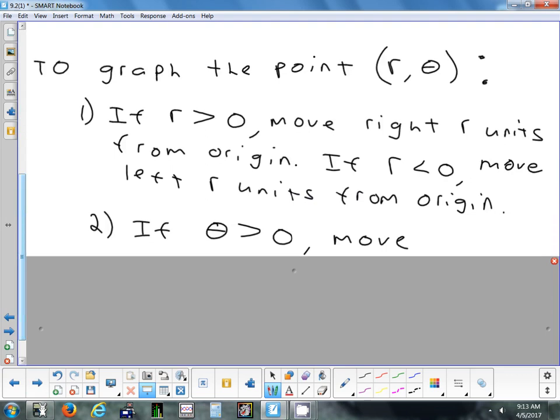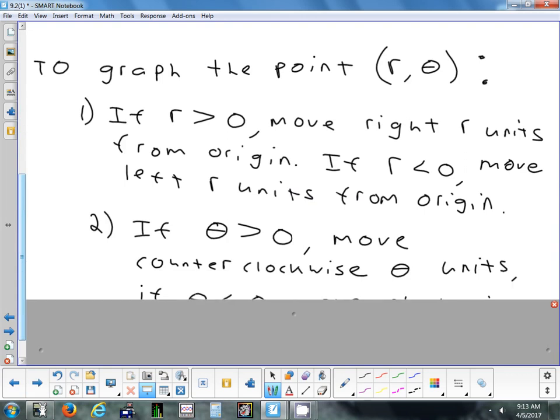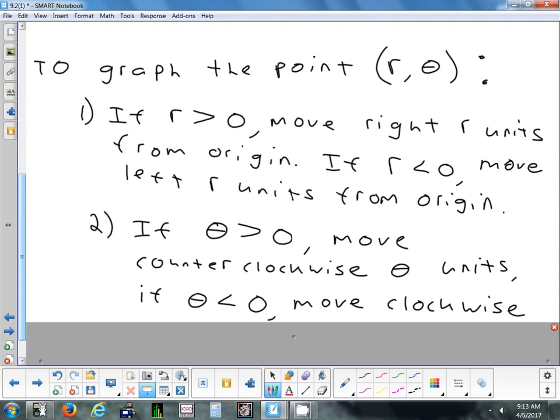And then after you move either left or right, depending on if r is positive or negative, from that point, you're going to move a certain number of degrees.